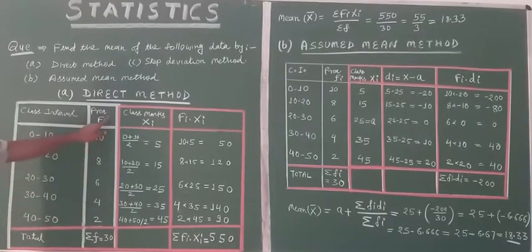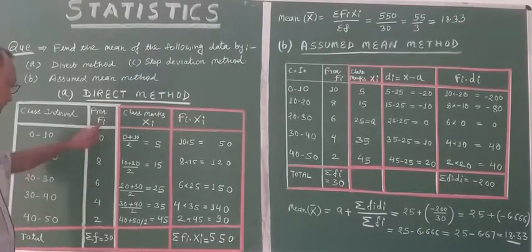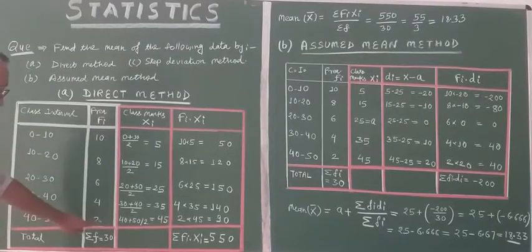Frequency is written fi. fi means i is the number of the interval. Suppose I say first class interval, then this is f1: frequency of first class interval is 10. f2 means frequency of second class interval is 8. f3 means frequency of third class interval is 6. f4 means frequency of fourth class interval is 4. f5 means frequency of fifth class interval is 2.